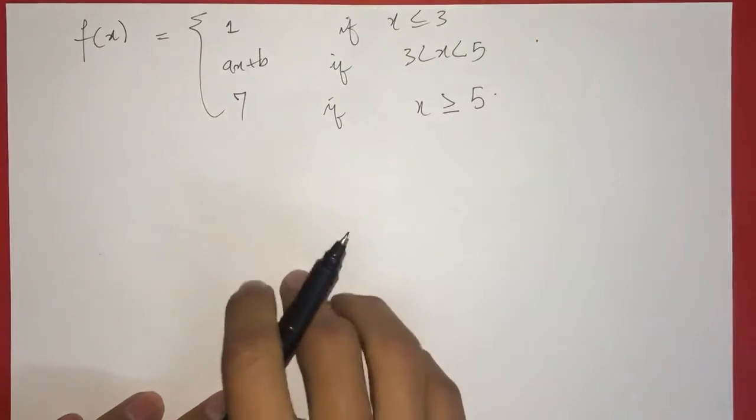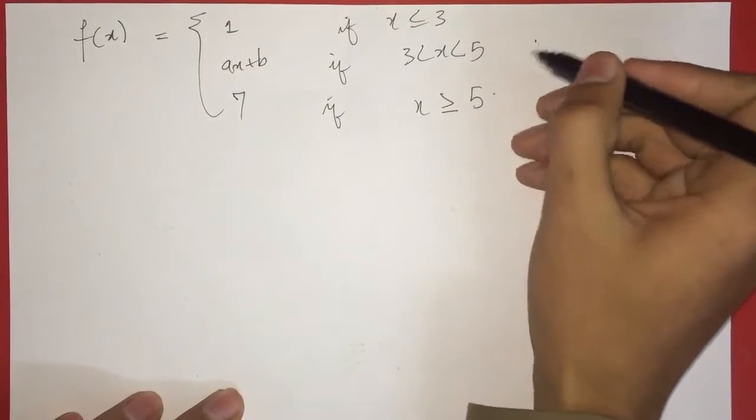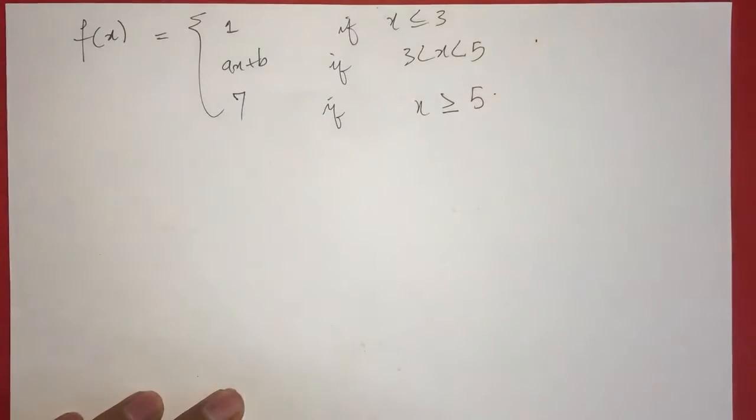So you have to find the values of a and b, if this function is continuous at, let's say, 3.